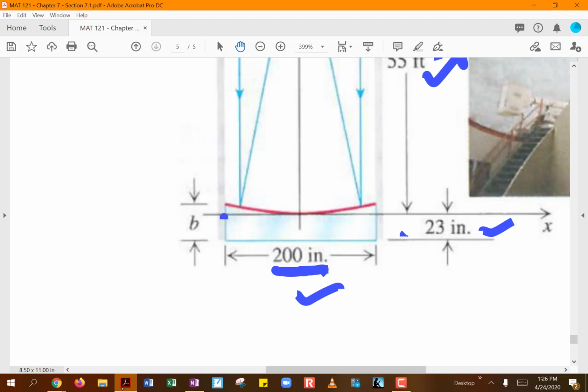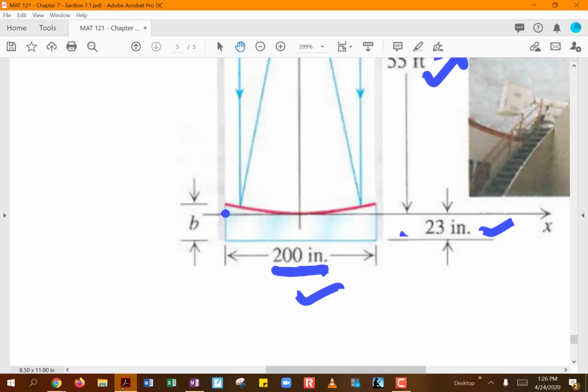We already know that. What we really need to find is what this little bit of thickness here is going to be. So this is where the equation of our parabola is going to come into play, because if we can find out what this point here is, then that will give us the distance from the x-axis to that point.